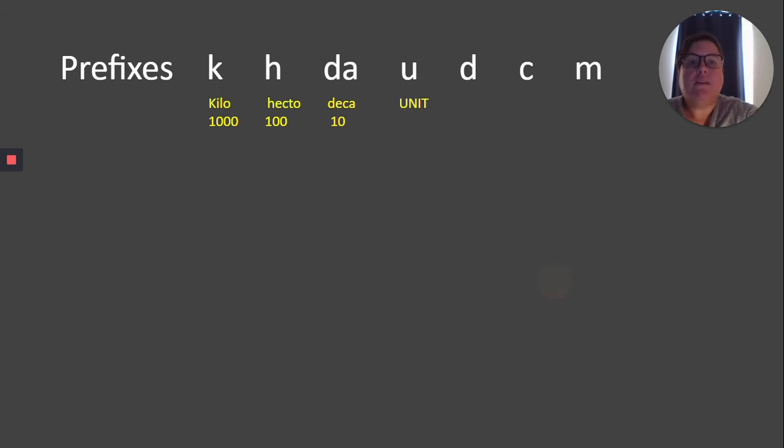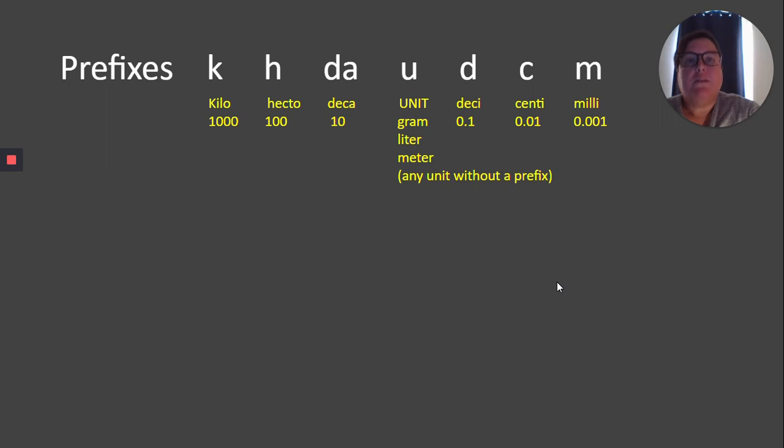U is your base unit. That would be your meters, liters, grams. Any other unit without a prefix, it could be joule if we needed it to be for energy, or seconds if we're talking time. So anything that's without a prefix is your U for unit. D is deci, that's a tenth. C is centi, that's a hundredth, and then M is milli for a thousandth.